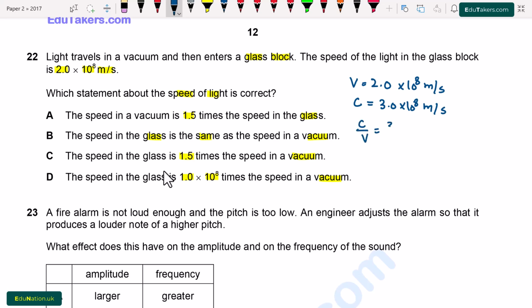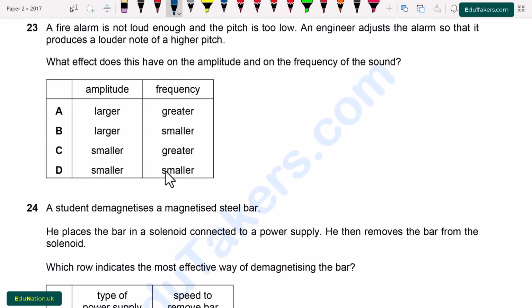It is 3.0 × 10^8 divided by 2.0 × 10^8, which equals 1.5. It means c = 1.5 × v, so the speed of light in vacuum is 1.5 times the speed in the glass. So option A is correct. Question number 23.